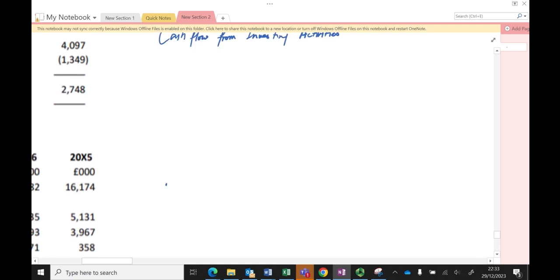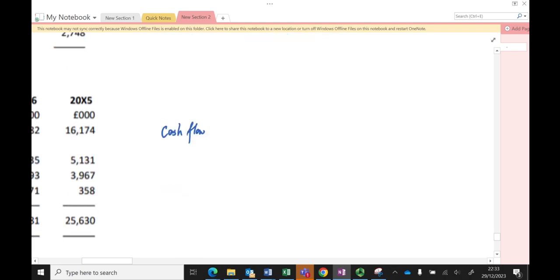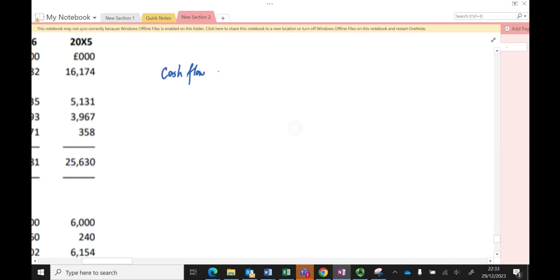Further down, I'll write cash flow from financing activities.